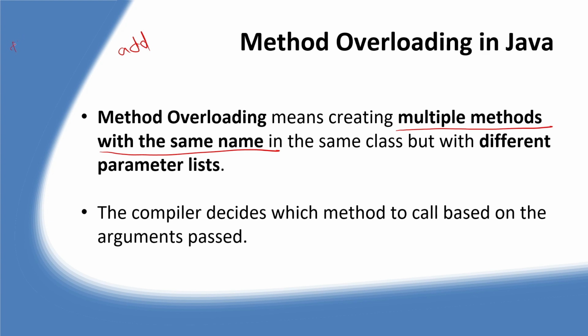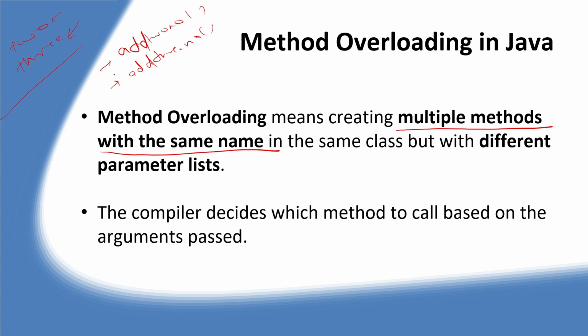So this is the requirement. What we will do is define two methods. Add two numbers will be one method. Then again, add three numbers will be the second method.